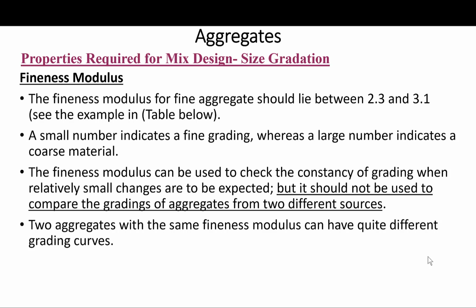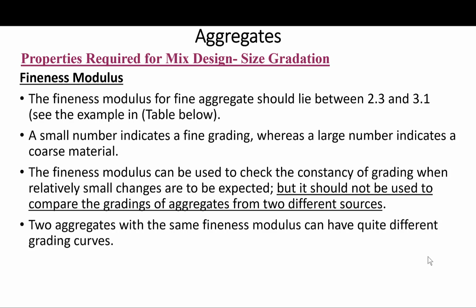So the fineness modulus can be used to check the constancy of grading when relatively small changes are expected, okay? But it should not be used to compare the grading of aggregates from two different sources. Again, we check it for uniformity of one source, okay?